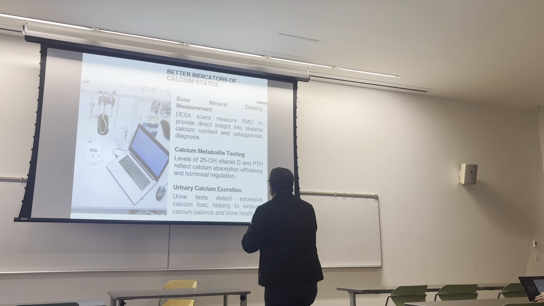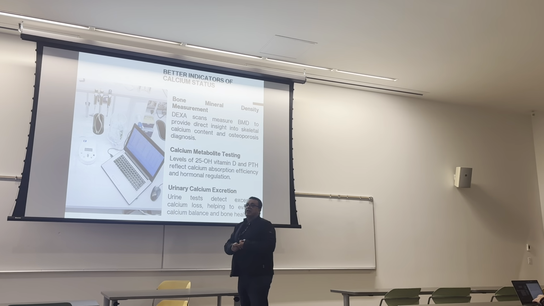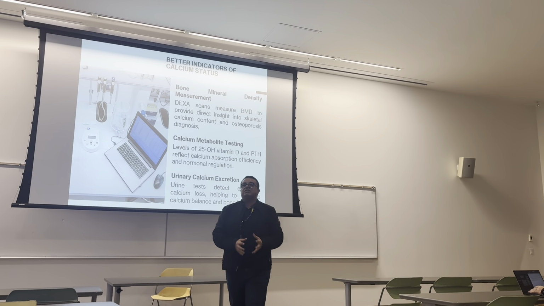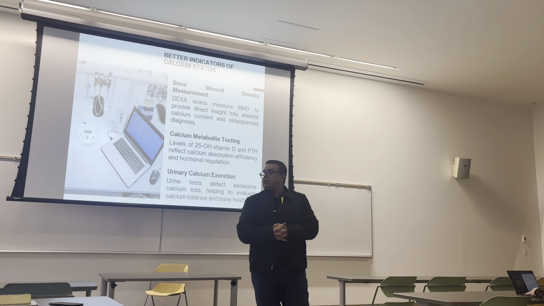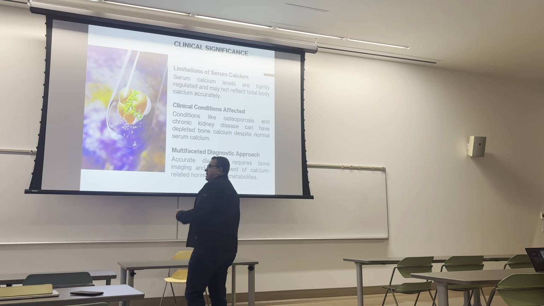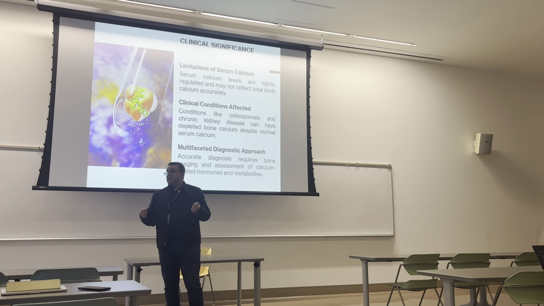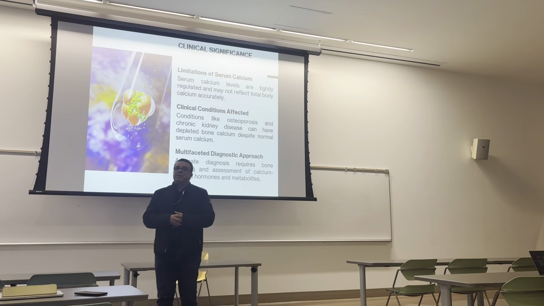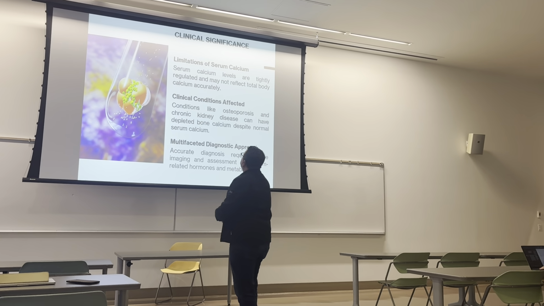The first, DEXA; the second, the parathyroid; the third, the urinary calcium. All these three together and the level of vitamin D, all these four together can give me a solid decision that this person is having calcium deficiency, and we need to give him more calcium and some modification.